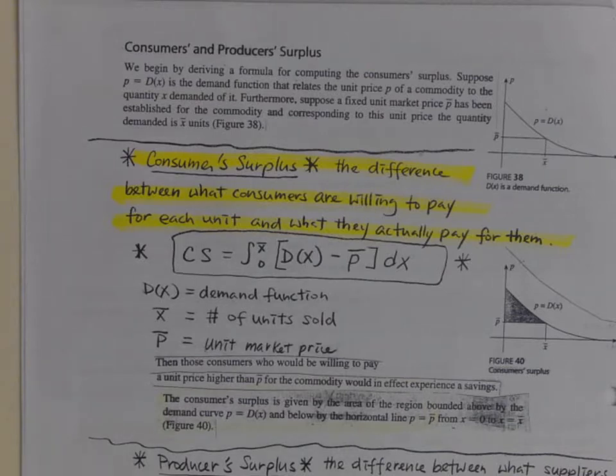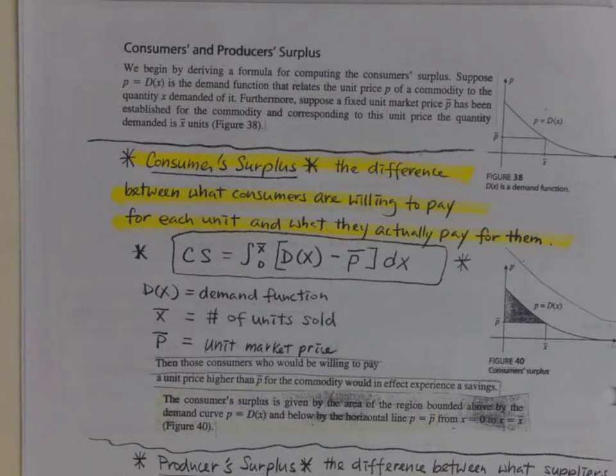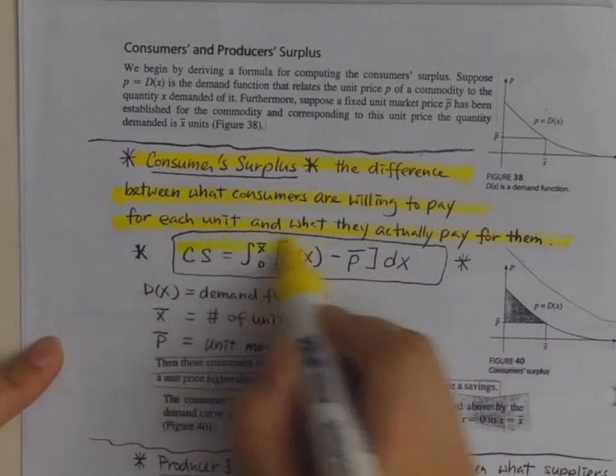The consumer may be willing to pay $10 for a 16 ounce bottle, but they were able to find the same size for $7, so that's a difference of $3 per bottle there. So that's the difference between what the consumer is willing to pay for each unit and what they actually pay for them, so there's a saving there.